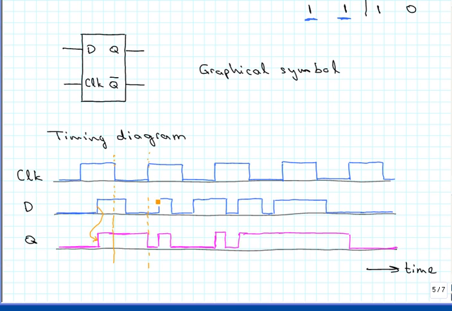Now during this time, this bump that we see here is actually going to go straight through to the output. But because it goes back to 0 again before the end of that clock high period, we will actually go down to 0, and then the 0 gets stored until this point in time here.